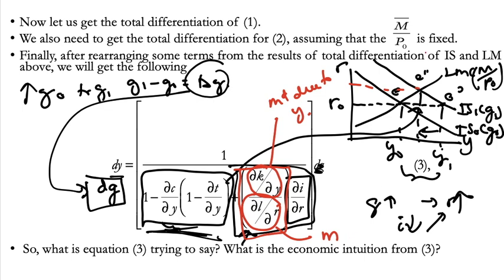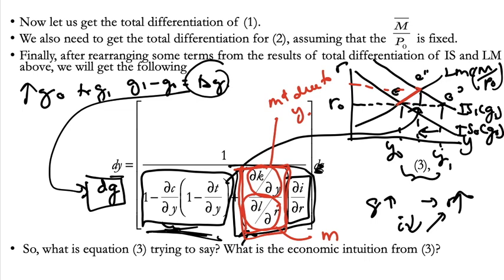So when interest rate has to increase, the adjustment takes place along the LM curve, movement from E to E double prime, and that movement is denoted by this red thing.